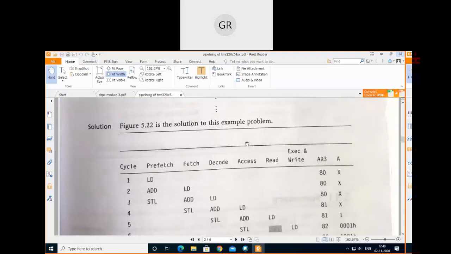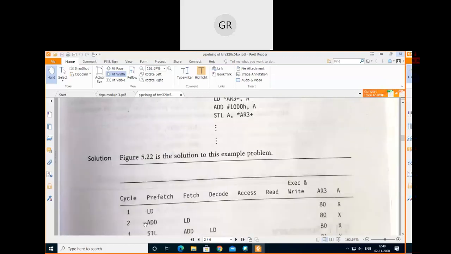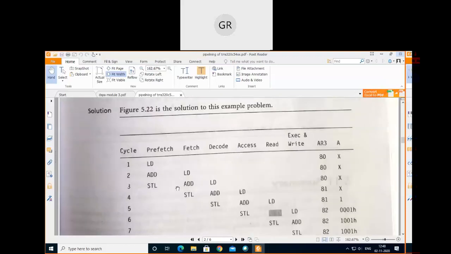See, parallel execution of STL, ADD and LD. See here, this LD goes for the decode operation. ADD is fetched here and STL is prefetched in the program bus. Then STL moves to fetch, ADD moves to decode and LD moves to access.